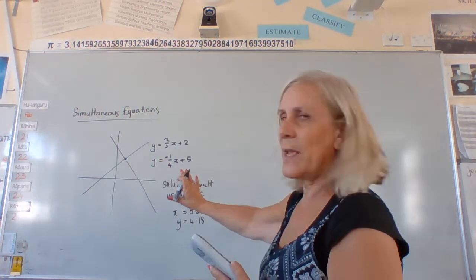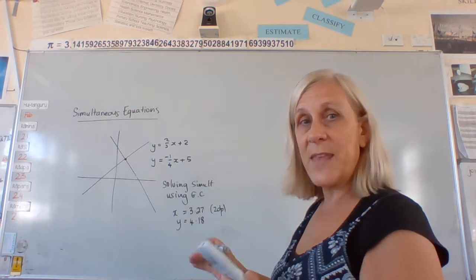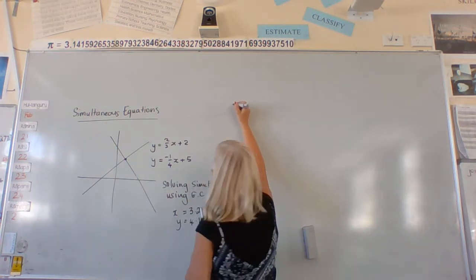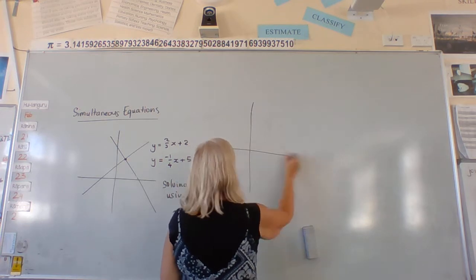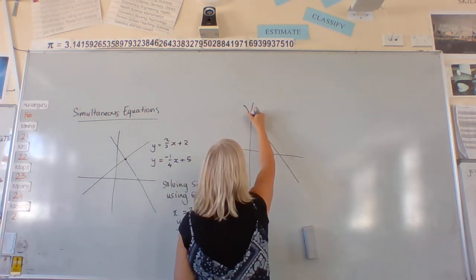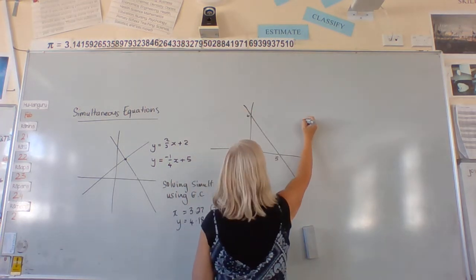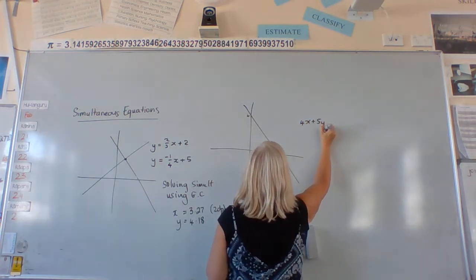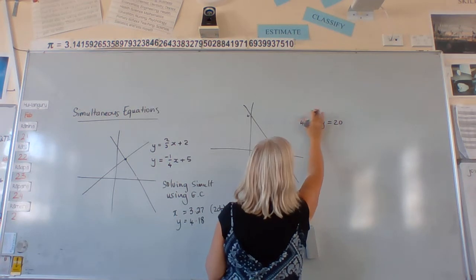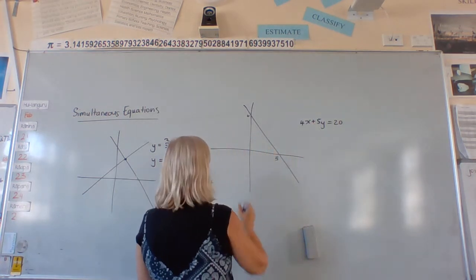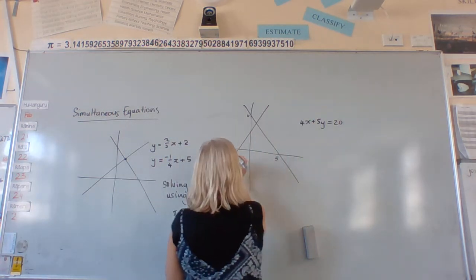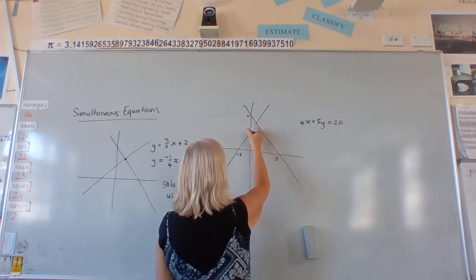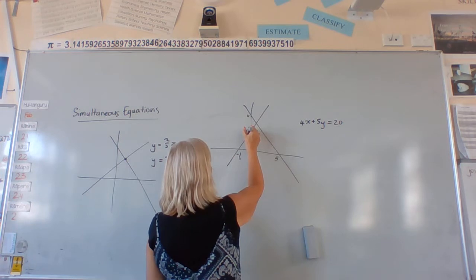So that's one way of finding it. If we don't have that way, if we have it in the cover-up method way, so let's say we had this one, which is 4 and 5, so we've got 4x plus 5y equals 20. 4 and 5, yep. And this one, which is negative 2 and 1 and 2.